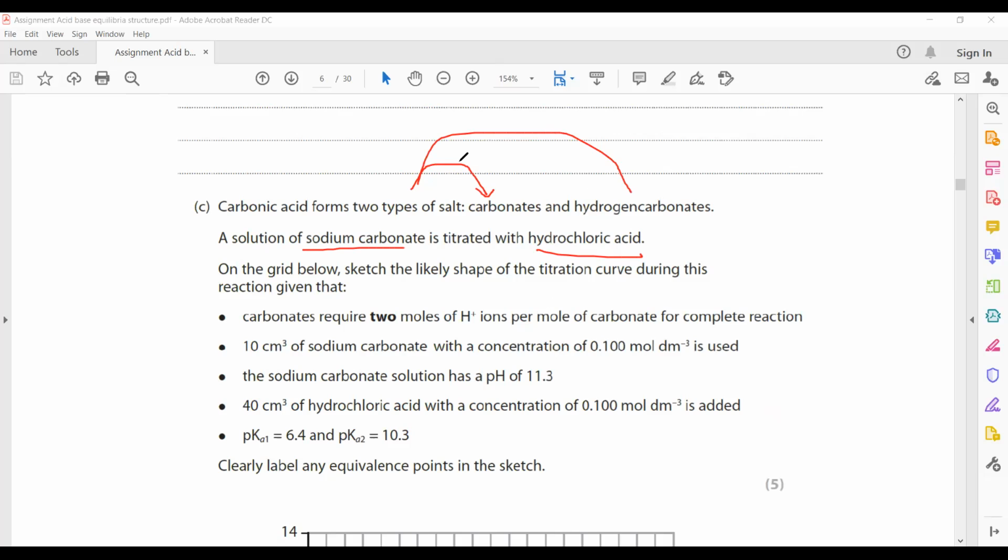So how will we do this question? It's 5 marks. So you first have to work out the ratios.